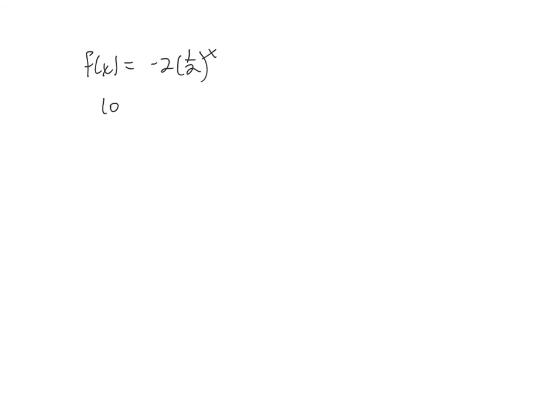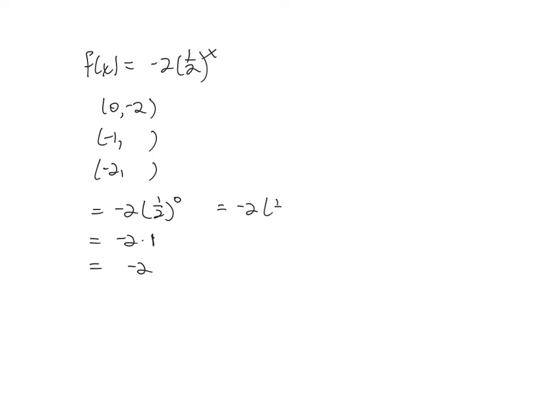So I would still, just like the last one, pick negative numbers. Always pick 0 though. 0 is super easy because the x is in the exponent, and anything to the 0 power is 1. So now we get -2. Then -2 times 1/2, and then -1.